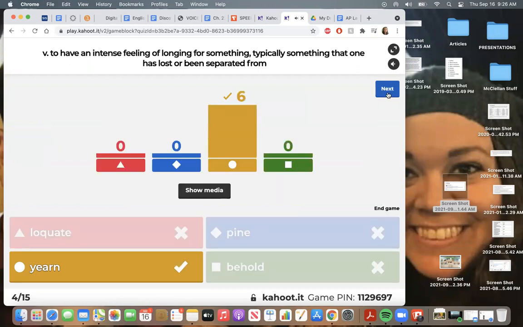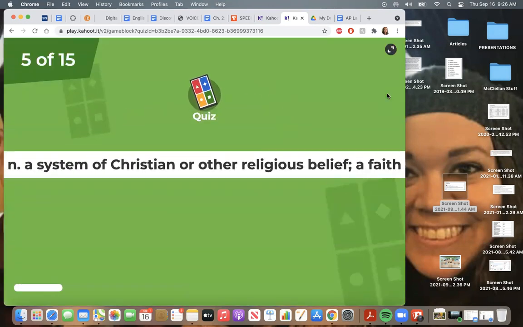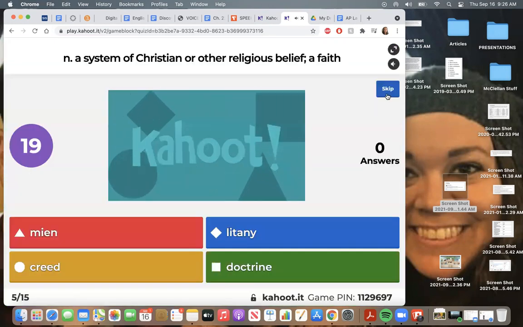Nice. Nobody chose my made-up word, loquate. That's not real. It's supposed to simulate the loquacious word. That's exactly right. Wookiees just hit answer streak 3. Look at that. I can't do a good Wookiee sound at all. At least not without warming up.